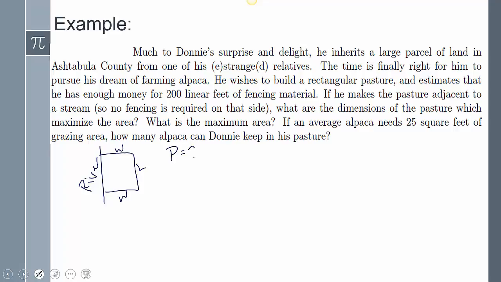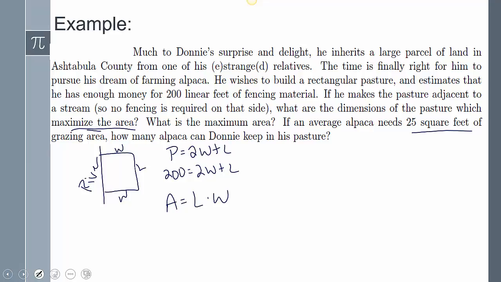In this case, my perimeter would be 2W plus L, which is 200 equals 2W plus L. And then the other one needs 25 square feet, so that sounds like area, and maximize area. So I also need an area equation: area equals length times width of any rectangle.